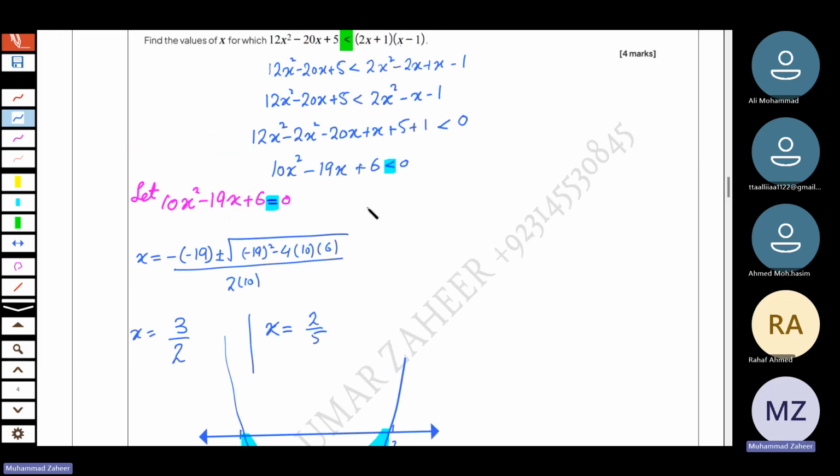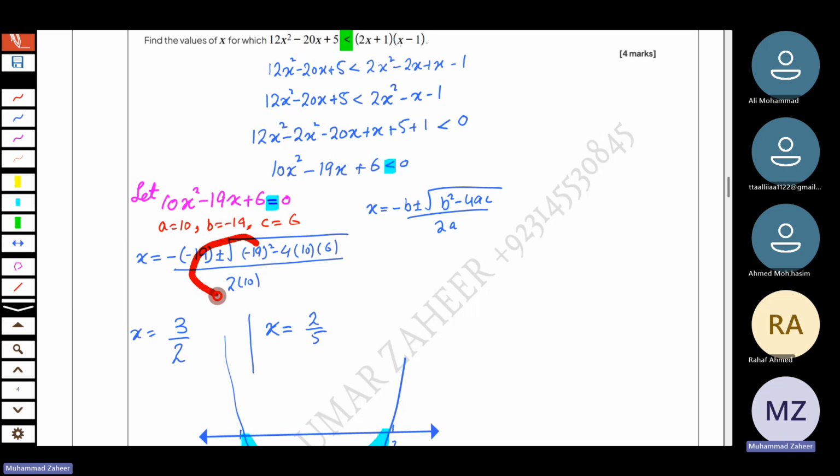The quadratic formula is simple. You have x is equal to minus b plus minus square root of b squared minus 4ac divided by 2a. The coefficient of x squared here is your a value. The coefficient of x is your b value. And this is your constant value, that is 6. I'm just substituting the values.